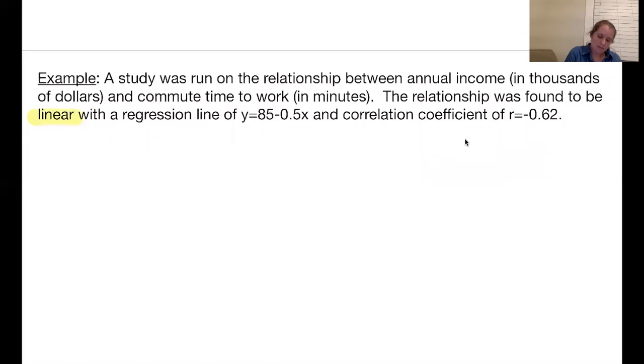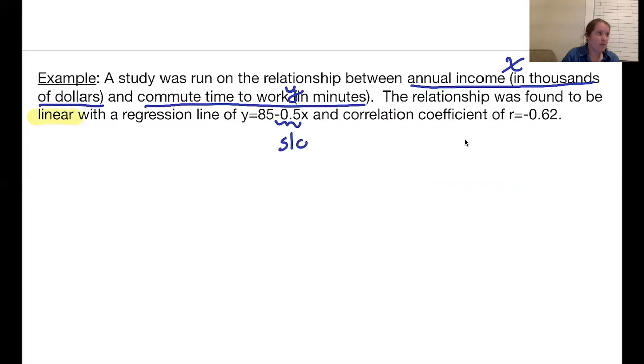So again, annual income in thousands of dollars is our x. Commute time to work in minutes is our y. The number next to the x is our slope. So our slope is negative 0.5, or negative 0.5 over 1.